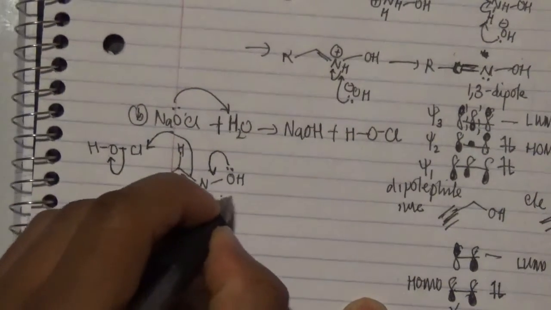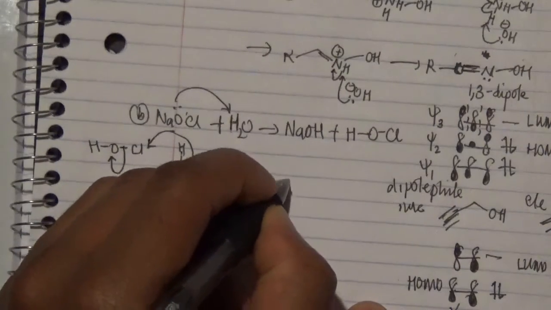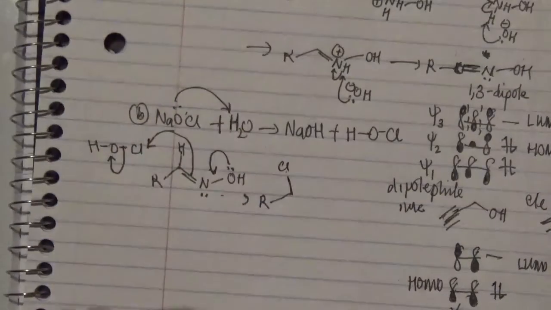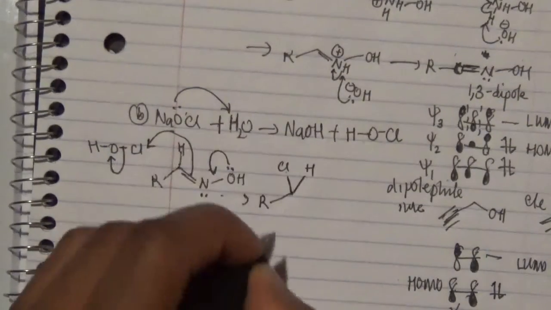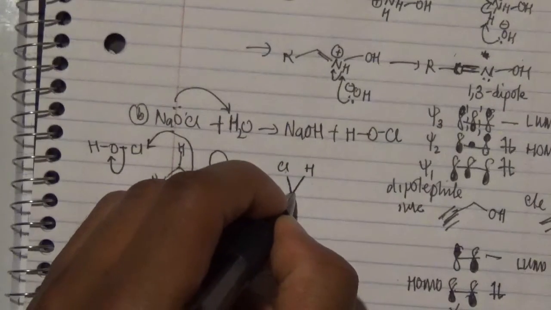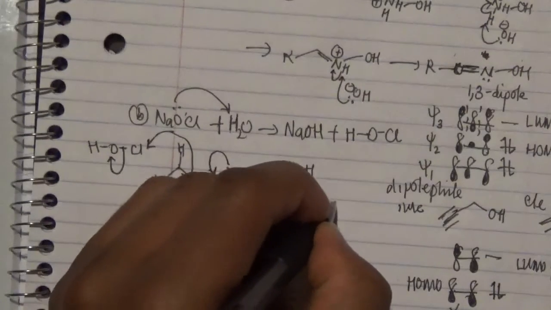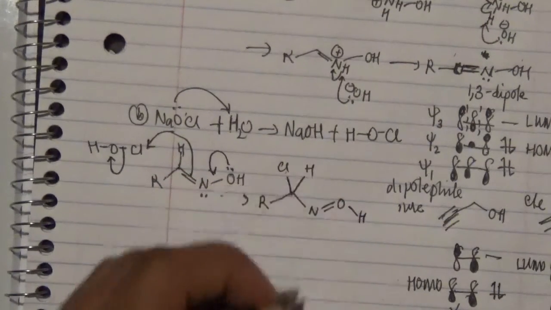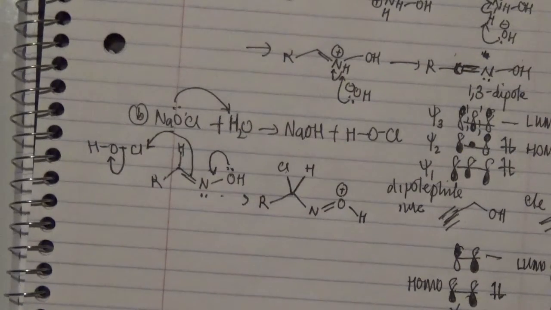So what that results in is the formation of an R group with the chlorine over there attached to the carbon, and over here the carbon is attached to the hydrogen. On the other side we have a nitrogen that forms a double bond between itself and oxygen, and this oxygen has a hydrogen attached, and take note that this oxygen has a positive charge on it.